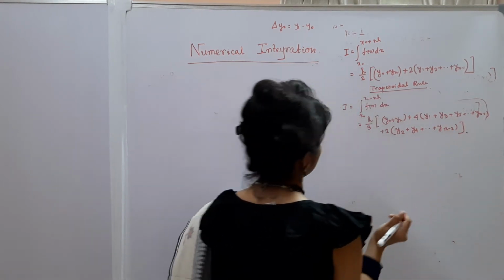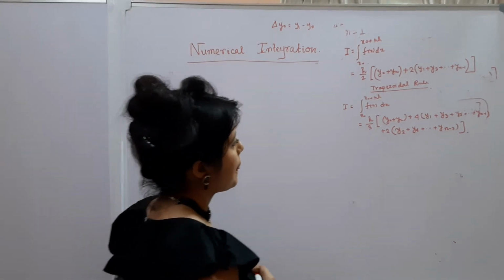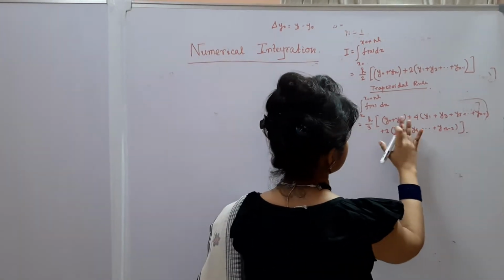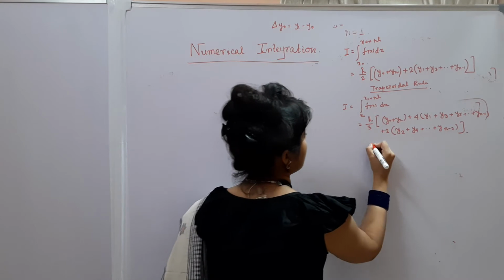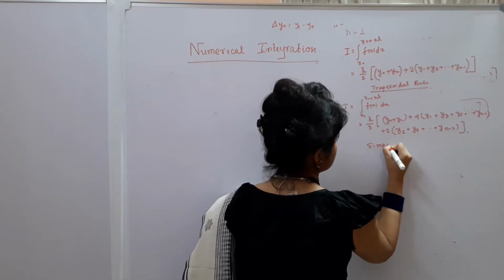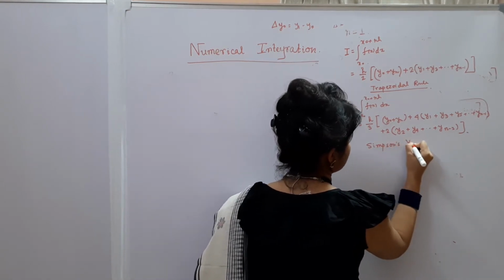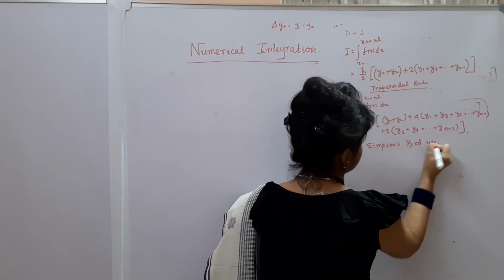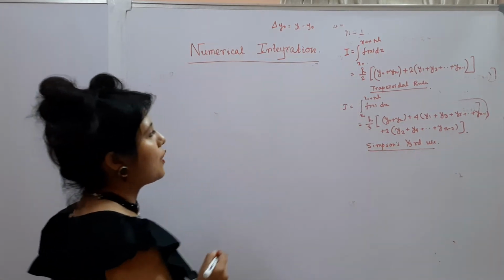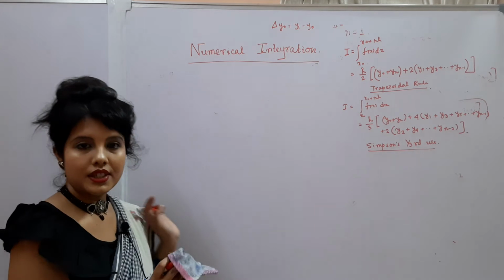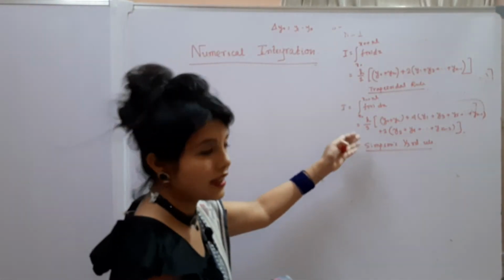Okay, all the even terms, right? So this is the expression for Simpson's 1/3 rule. Now I am going to discuss problems regarding these two formulas.